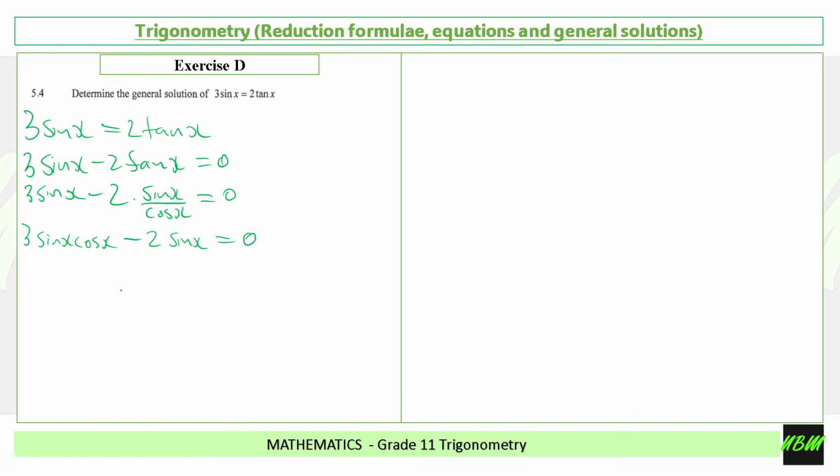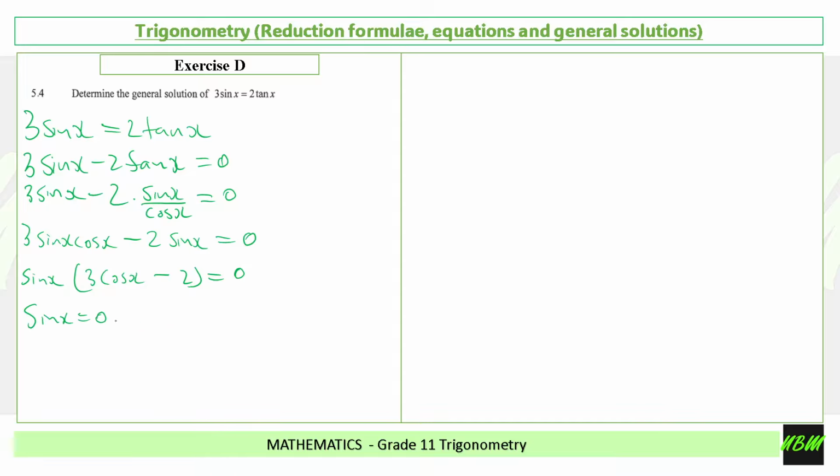Then on the left hand side, common factor sine x. Sine x is a common factor, then we'll be left with 3 cos x minus 2 equal to 0. Now we're having factors equal to 0, then we equate each factor to 0.